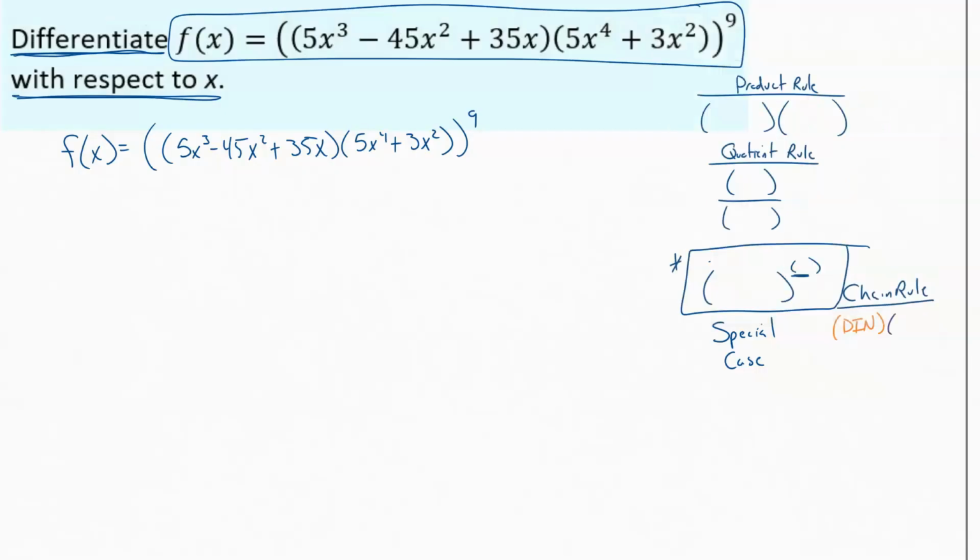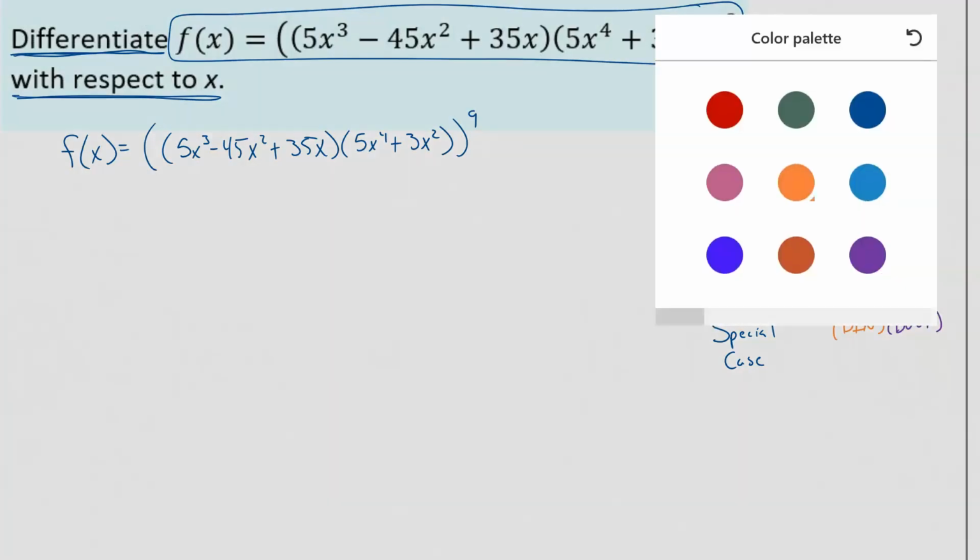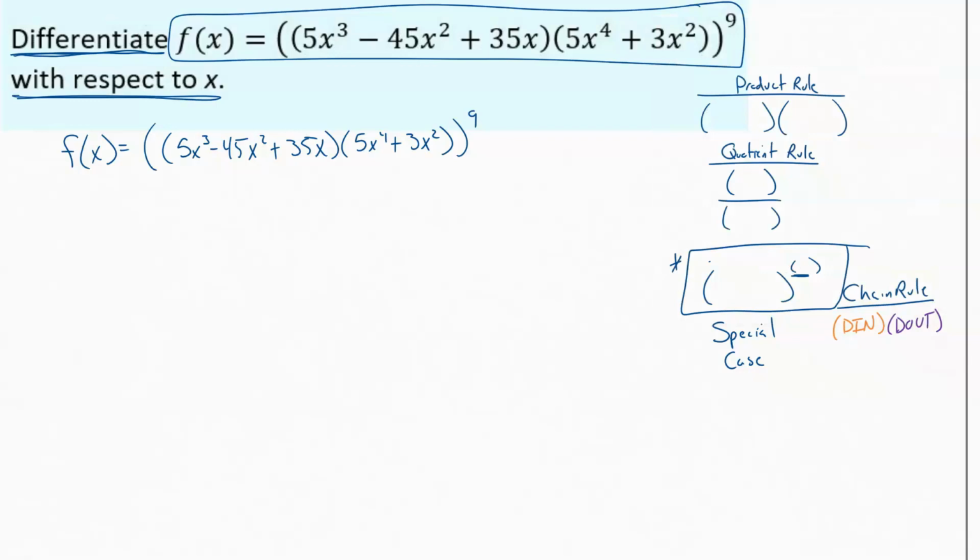So the derivative of whatever is inside those parentheses times the derivative of what's on the outside of them. Looking inside my parentheses, I can see that's my inside piece. All of that stuff is inside that ninth power. So the inside piece is 5x cubed minus 45x squared plus 35x times 5x to the fourth plus 3x squared.